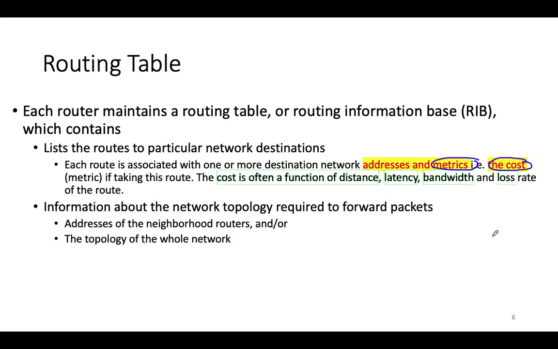What are metrics and cost? It involves some calculation and divisions. However, for you to understand that, it involves actual distance and the number of hops, for example, where hops means routers, latency, bandwidth, the error rate, and the loss rate.